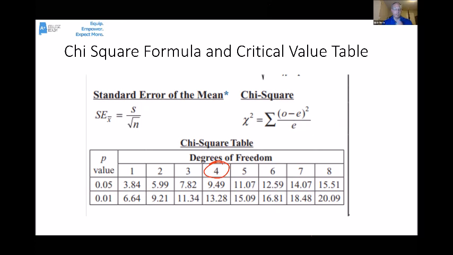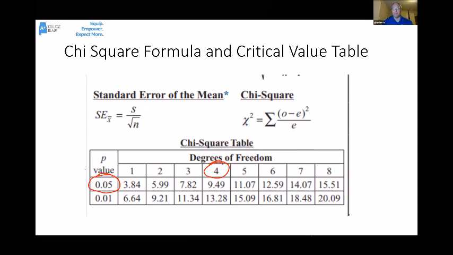Unless you're told differently on the AP exam, you're always going to use the 0.05 p-value. And essentially what that means is there's a 5% chance that we're going to make the wrong conclusion based on our data, just by chance. That the data is just weird like that.